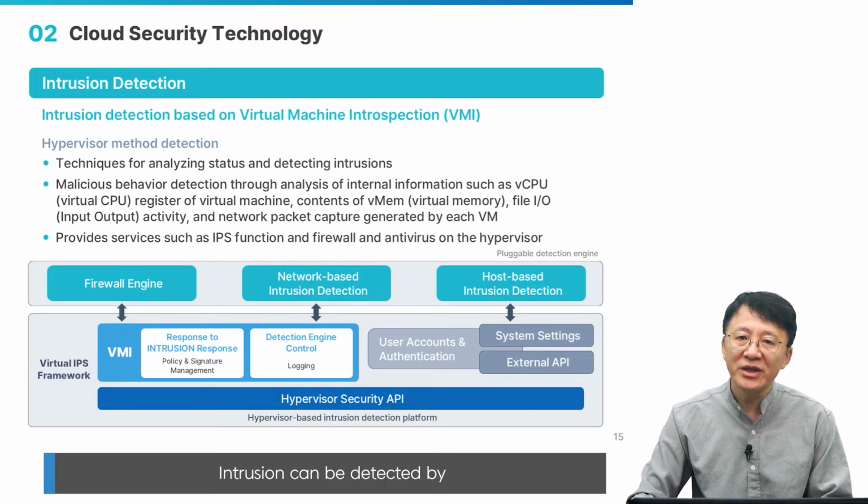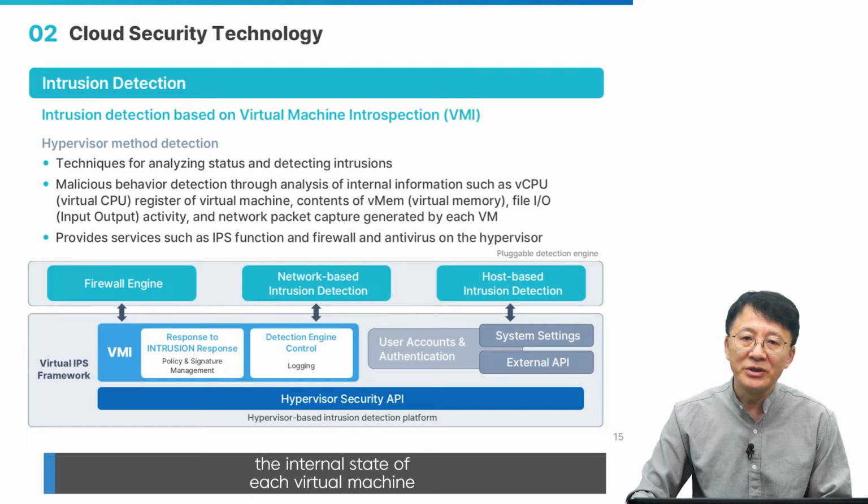Intrusion can be detected by analyzing virtual machine internal information using a hypervisor. This technique analyzes the internal state of each virtual machine and detects intrusion through the hypervisor.